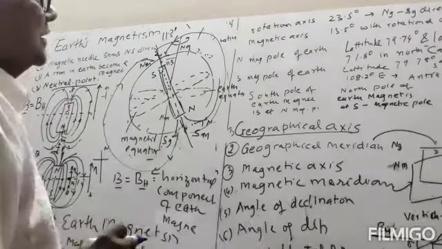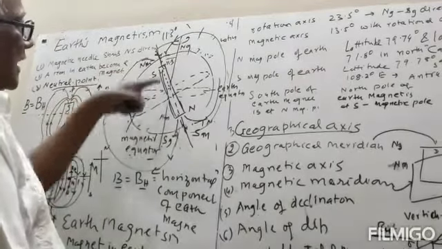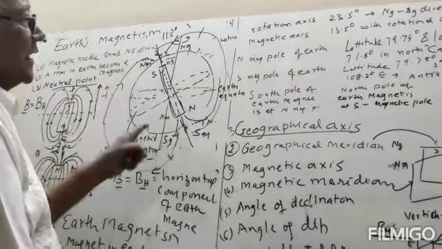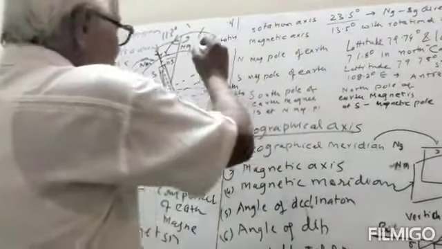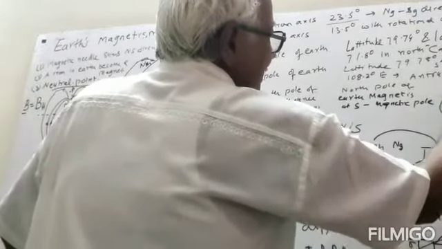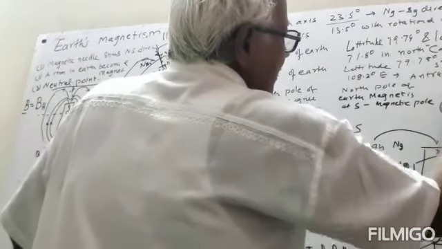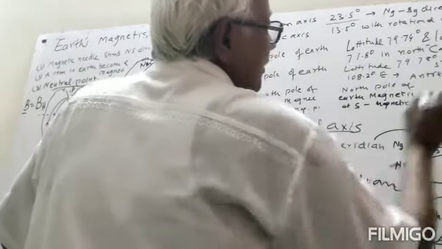Actually the rotational axis of the earth is inclined by 23.5 degrees, which I have not shown. So actually earth is here, and this angle is 23.5. So this is the rotational axis of the earth.